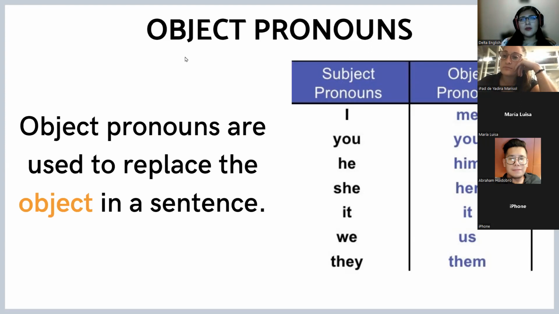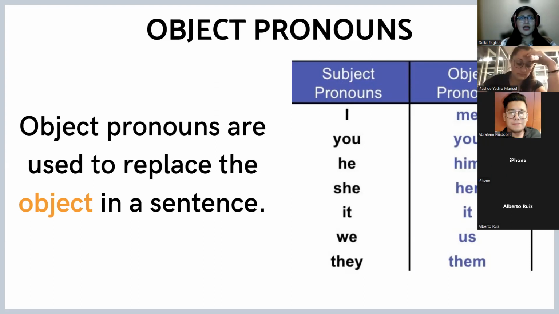If my subject pronoun is I, the corresponding object pronoun is going to be me. Entonces, si yo hago la acción, el pronombre que voy a usar es yo, tal cual, yo manejo, I drive. Yo como, I eat, porque yo soy la responsable de la acción.